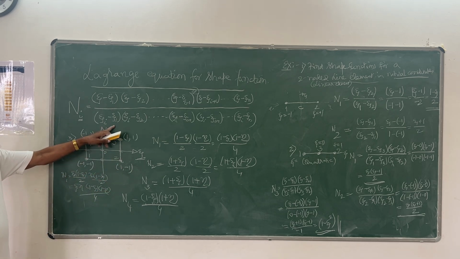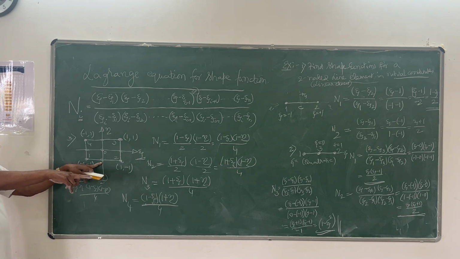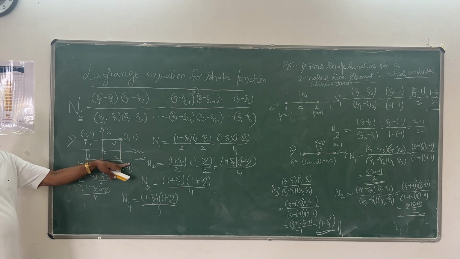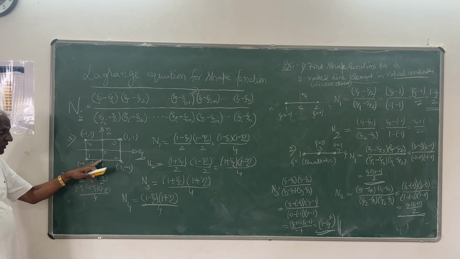Likewise N2, N3, N4. When you come to N5, (1 minus ξ²) along the ξ direction; in the η direction, it is the first node. Correct?